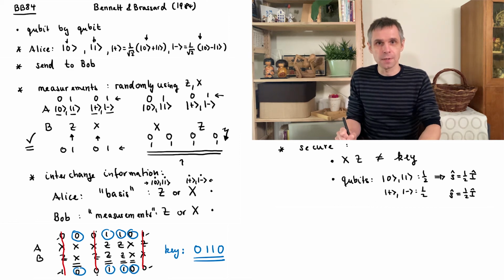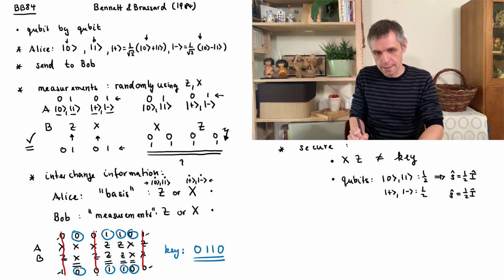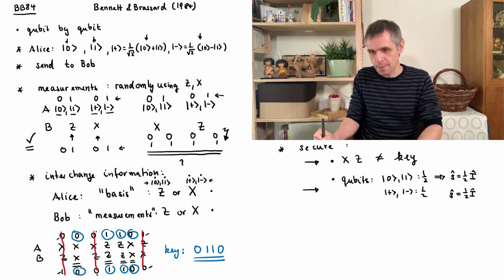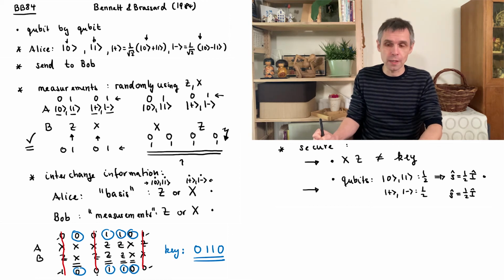And what is really important and clever about this protocol is that at this stage, Alice and Bob have not yet disclosed these symbols X and Z here. So if you were to intercept one of these quantum bits, you would not know which measurement to carry out to obtain the correct information.